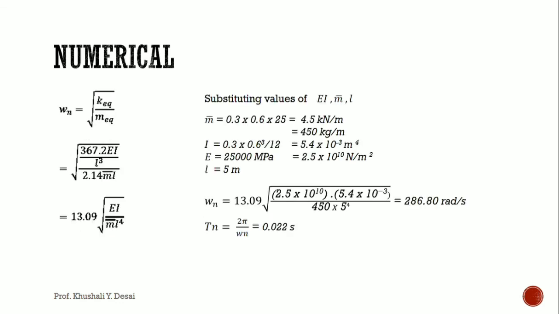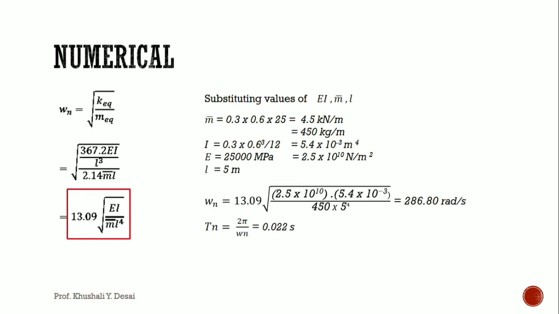It is known that natural frequency is square root of k equivalent upon m equivalent, which comes out to be 13.09 square root of EI upon m bar L raised to 4. So for any given propped cantilever beam, if you substitute EI, m bar and L, you'll be able to get omega n.